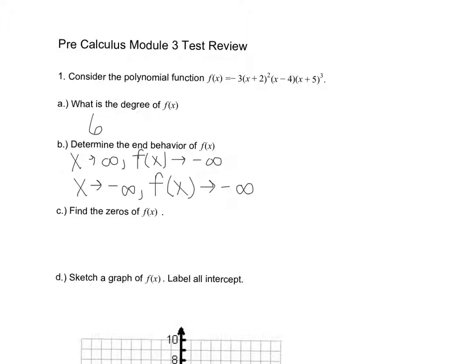Next, we want to find the zeros of f of x. Our zeros come from our factors. With x plus 2 as a factor, I now have a zero at negative 2, 0. With a factor of x minus 4, I know I have a zero at 4, 0.